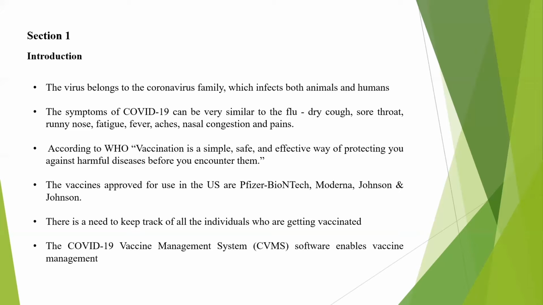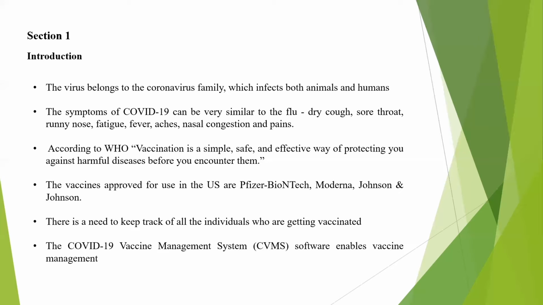According to WHO, vaccination is a simple, safe, and effective way of protecting yourself against harmful disease before you encounter them. It uses your body's natural defense to build resistance to specific infections and make your immune system stronger. There are a few vaccinations available to prevent or reduce COVID-19 from infecting an individual.